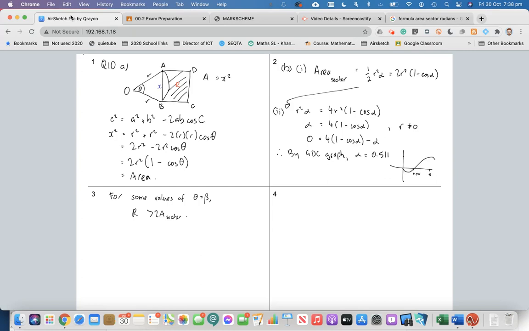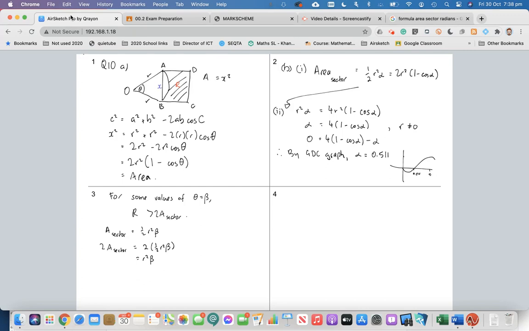Well, I know the area of the sector. The area of the sector is just a half r squared beta. So twice the area of the sector is twice a half r squared beta, which is just r squared beta.